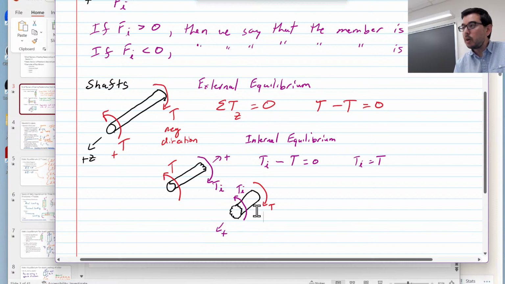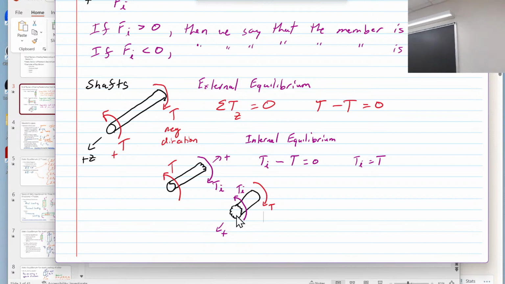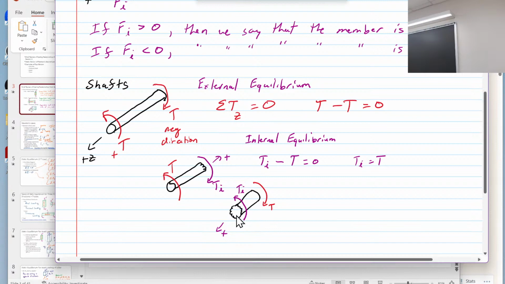But what we're trying to point out here is that TI in this case and in this case, even though they're in opposite directions, when they're describing this internal torque, they are the same. So it matters which side you're looking at.